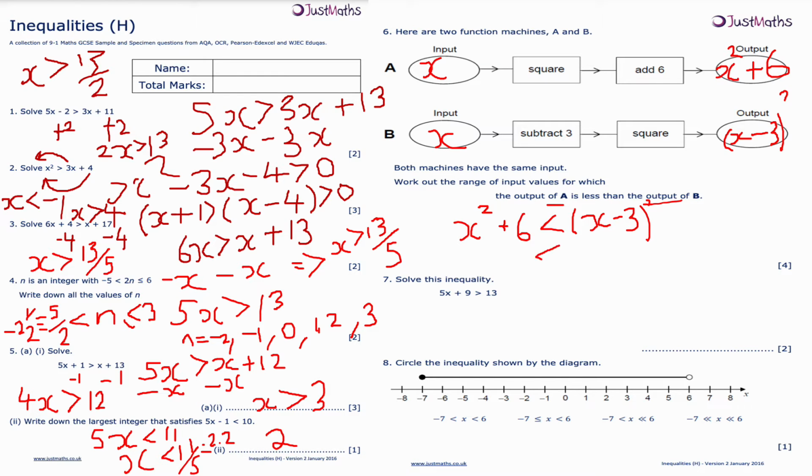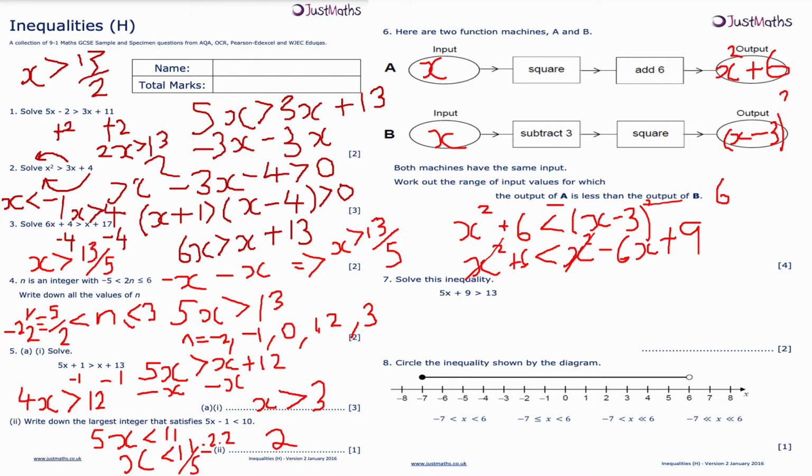So expanding this double bracket on the outside, I'm going to do it in one go actually, but hopefully it makes sense. x squared minus 3x minus 3x plus 9, which is x squared minus 6x plus 9. Okay, and then I've got an x squared plus 6. I can subtract x squared on both sides, so that's going to cancel.